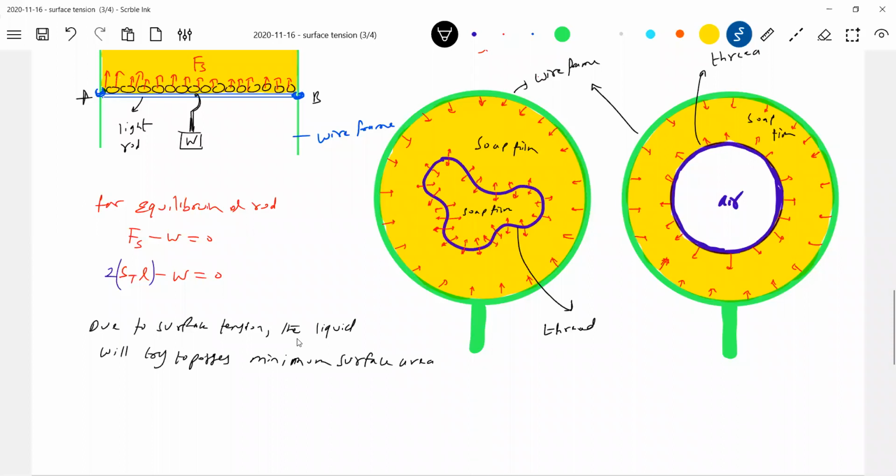Why the liquid tries to possess minimum surface area, we have to call that due to surface tension.